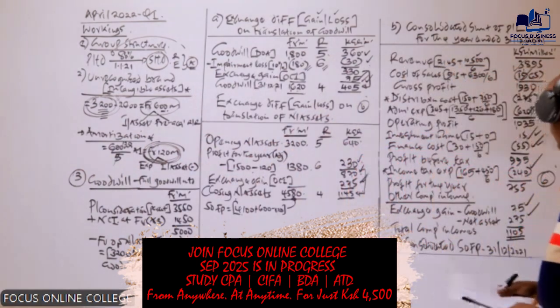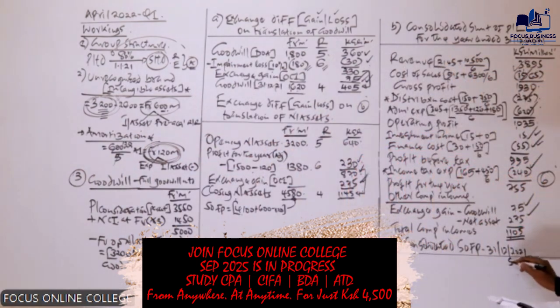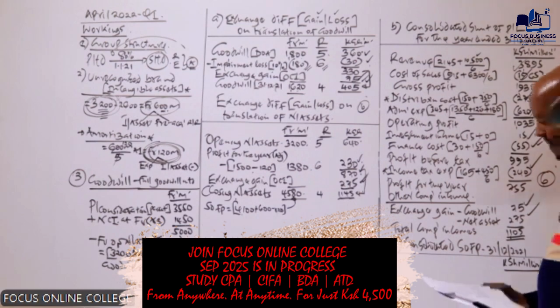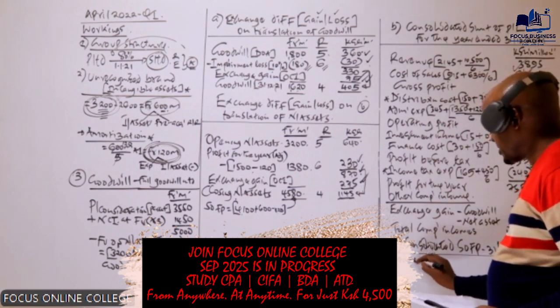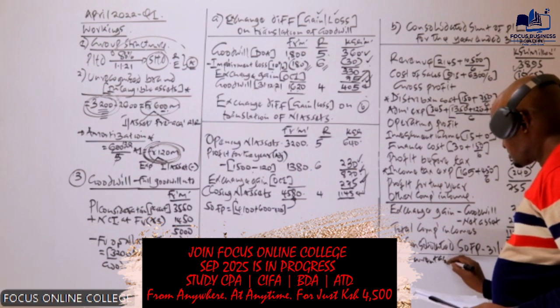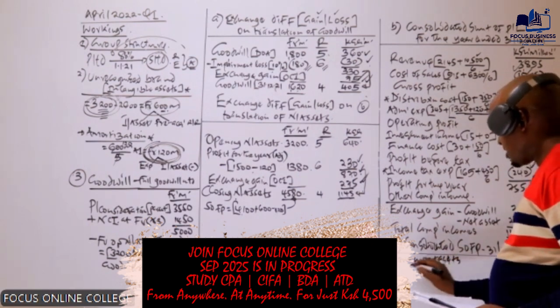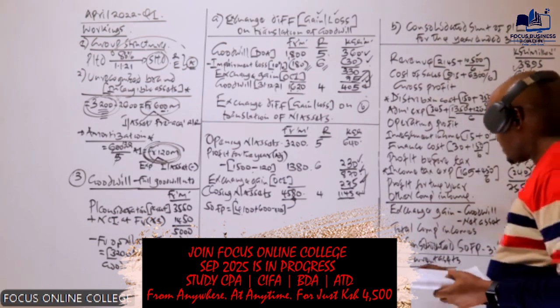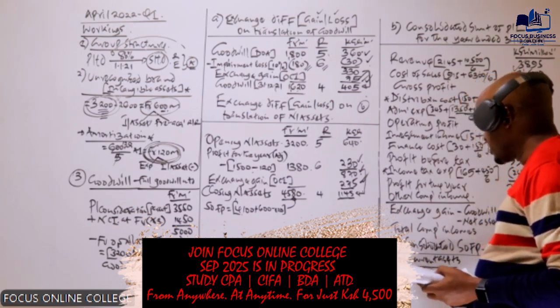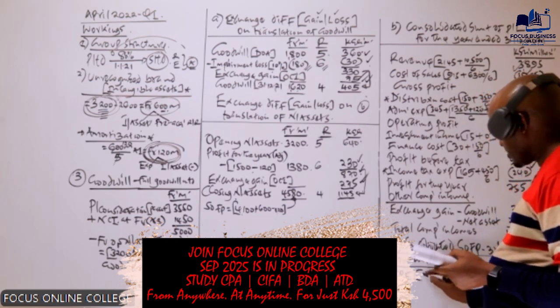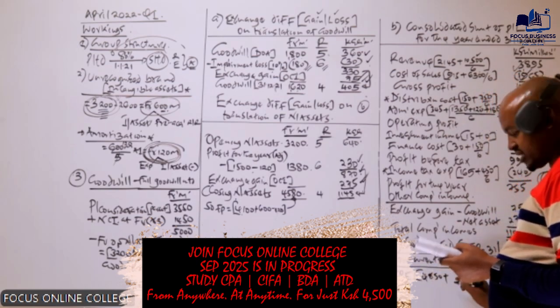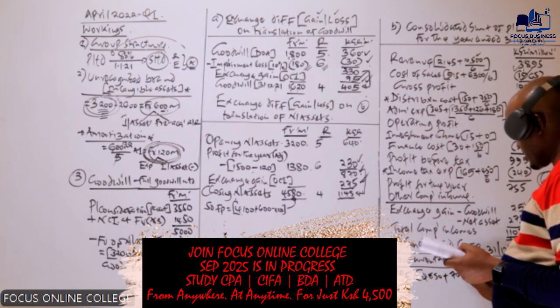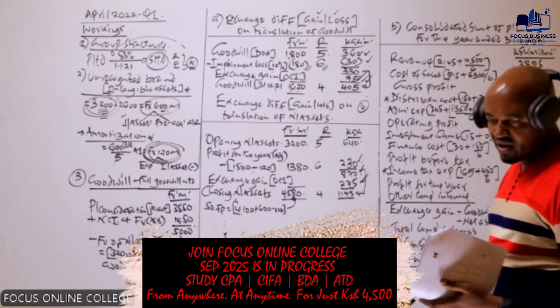So we will start with the non-current assets, and remember our figures here will be in Kenyan shillings. For the non-current assets, we have the PPE, property, plant, and equipment. We take that of the parent, which is 4850, plus that of S Limited, which is 7,000, and then we divide this with the closing exchange rate.